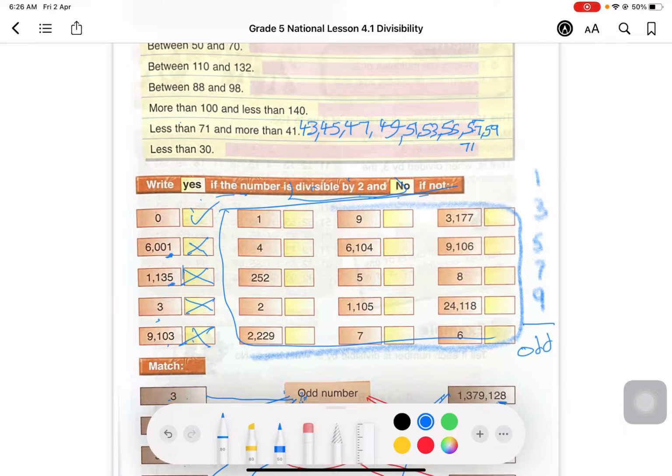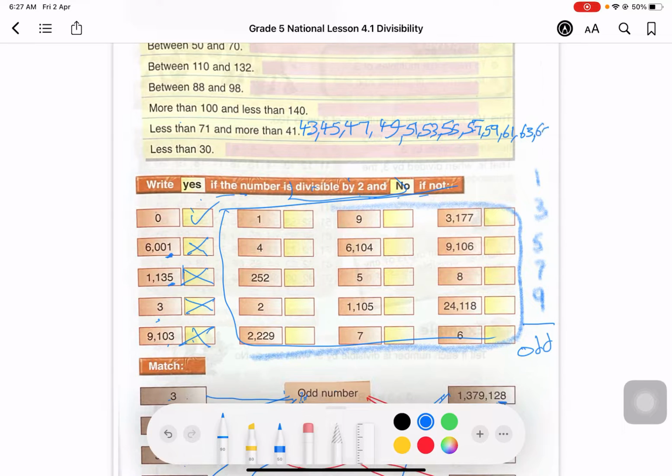Okay. So less than 71, sorry. Here I solved wrong. Okay. What after 59? 61. Then 63.